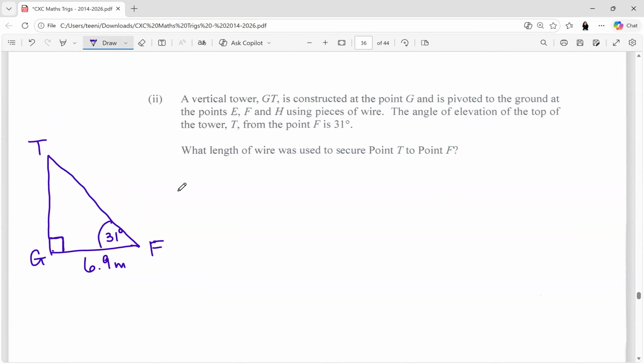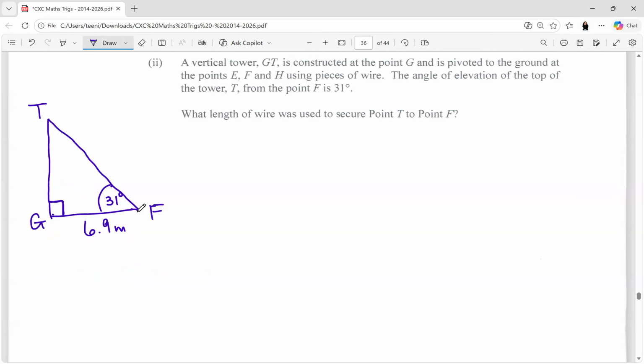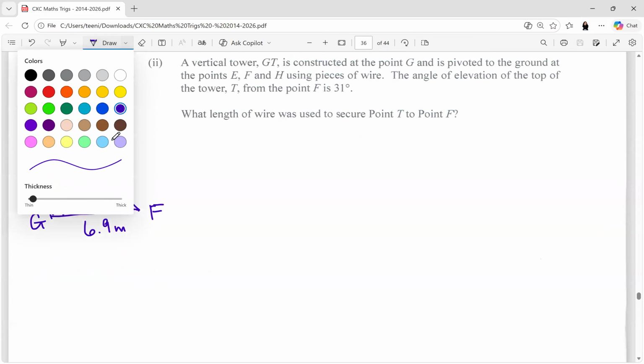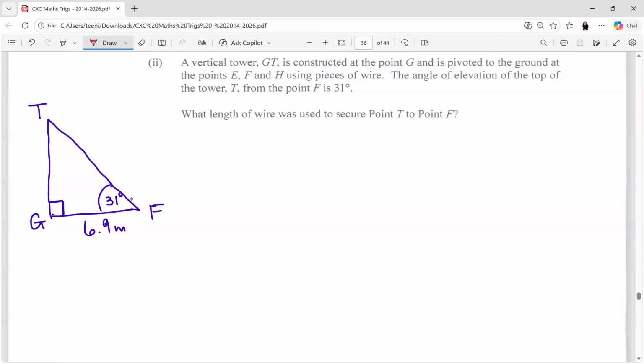All right. So we want to find the length of wire to secure the point T to point F. In other words, we need to find the hypotenuse. If this is your angle of reference, this will be your adjacent side, and this is your hypotenuse. Which ratio uses adjacent and hypotenuse?